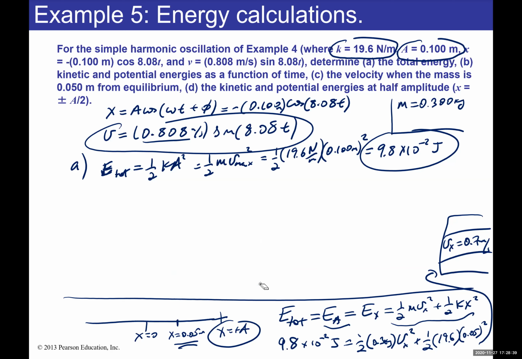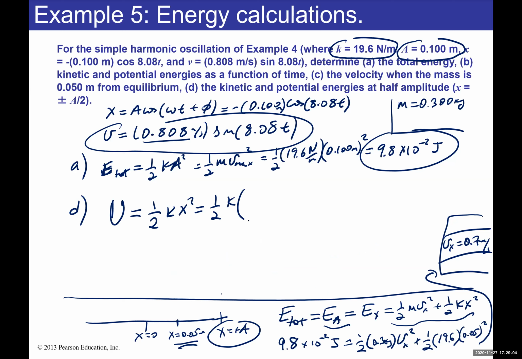Now, what I have here is this, for part D. It says kinetic energy and potential energy at half amplitude. Now, what I can say is this. The potential energy is equal to 1/2 k x squared, but then I can say it's 1/2 k times, what is A?